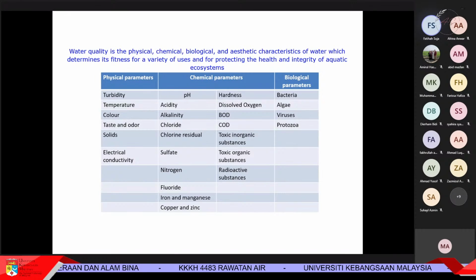Okay, so for your water treatment plant design project, first you have to evaluate. Each group, I want at least 3 of these parameters.